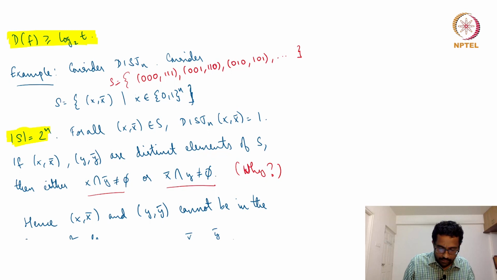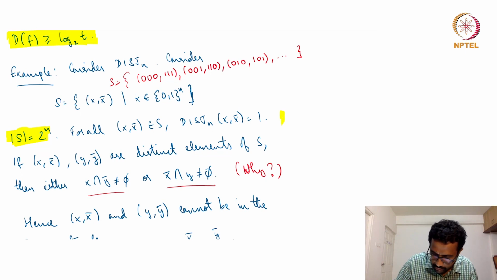So basically, if X and Y are not equal, then the pairs (X, X complement) and (Y, Y complement) cannot go to the same leaf. Why? Because either X intersection Y complement or Y intersection X complement is non-empty. It is the disjointness function, right? So X intersection X complement is certainly empty, and Y intersection Y complement is empty.